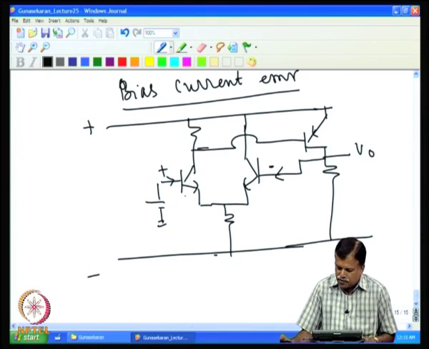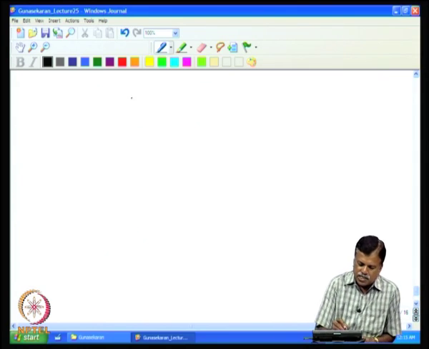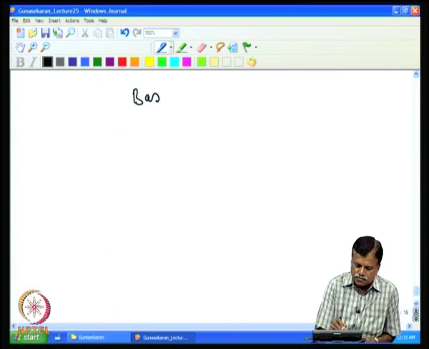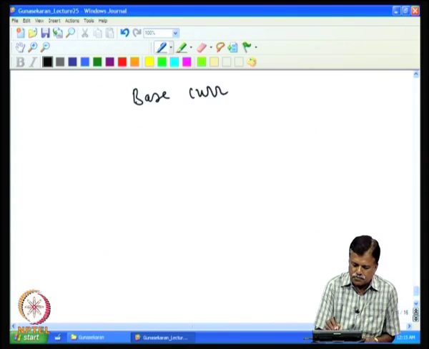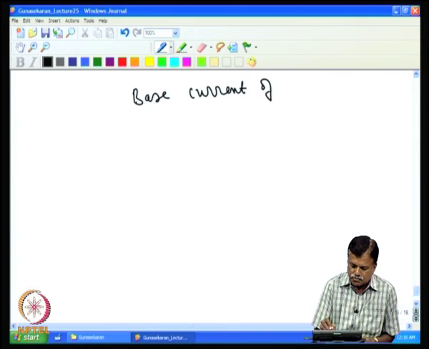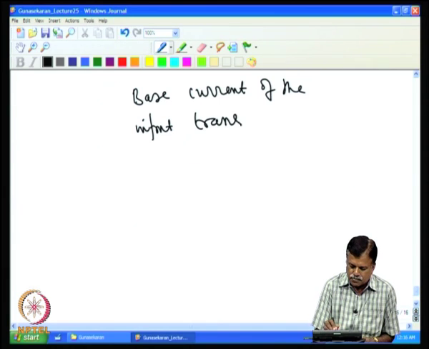So we define the base current of the input transistors as the bias current.